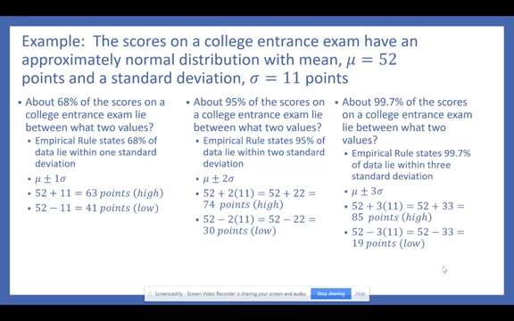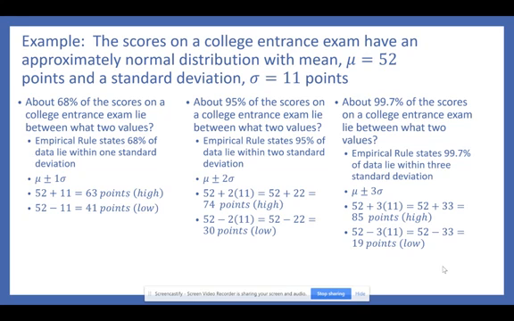And then finally, 99.7% or virtually 100% of the scores would fall between what 2 values? The empirical rule implies that would be within 3 standard deviations. So if we calculate within 3 standard deviations, for the high, we would have 52 plus 3 times the standard deviation of 11, which is 52 plus 33, which equals 85.